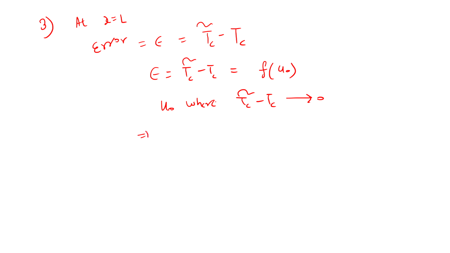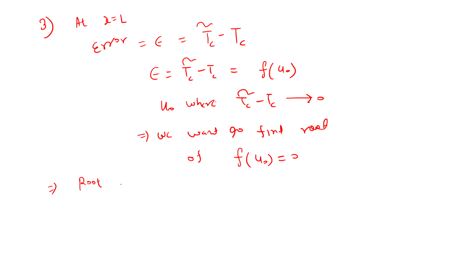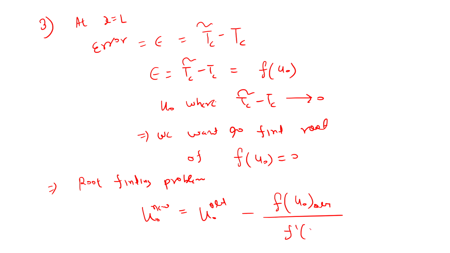That means we want to find the root of f of u naught equal to 0, which is a root finding problem. That means u naught new will be equal to u naught old minus f of u naught old divided by f prime of u naught old, where remember this f is nothing but the error.